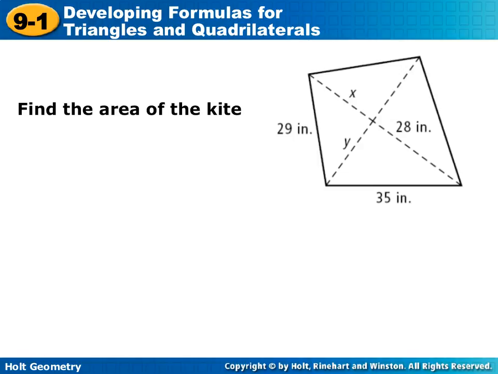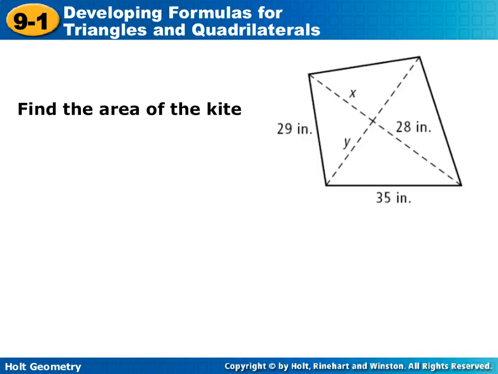All right, now let's see if we can find x. Okay, got another right triangle here. X is a leg, 21 is the other leg, 29 is the hypotenuse. Are you sure? So how long is the second diagonal? 48 total.